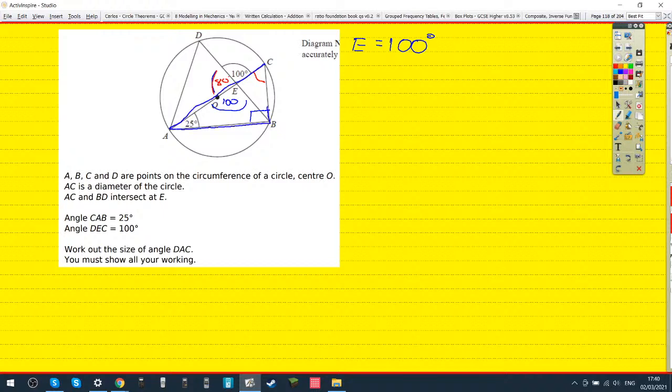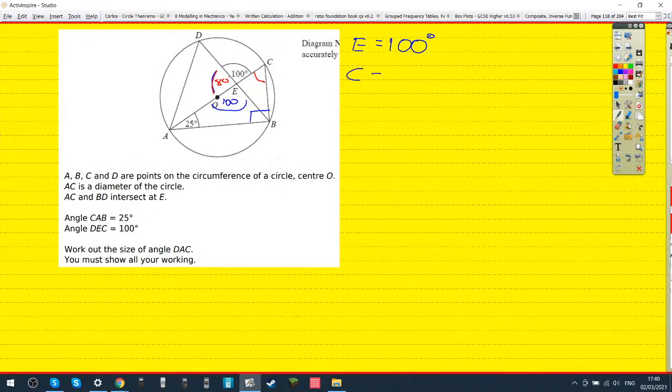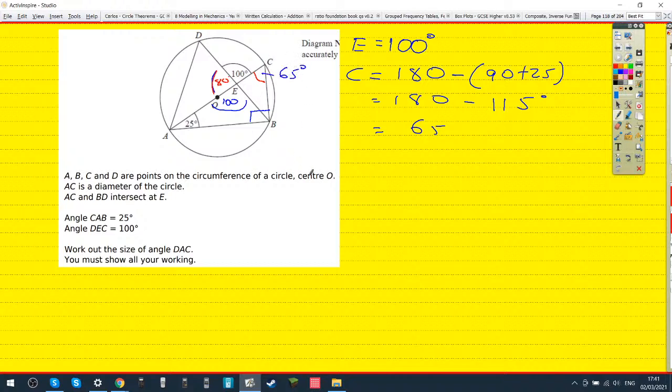Do you have to do 90 plus 25? Yep. Which is 115. Okay. And you have to do 180 minus 115. Right. And that is 65 degrees. Okay. And so that up there is 65. How can we use that?